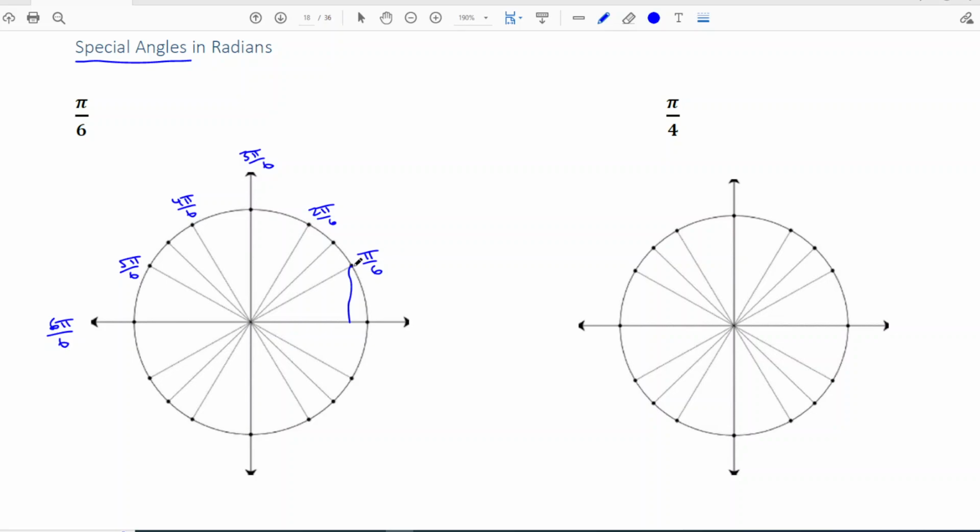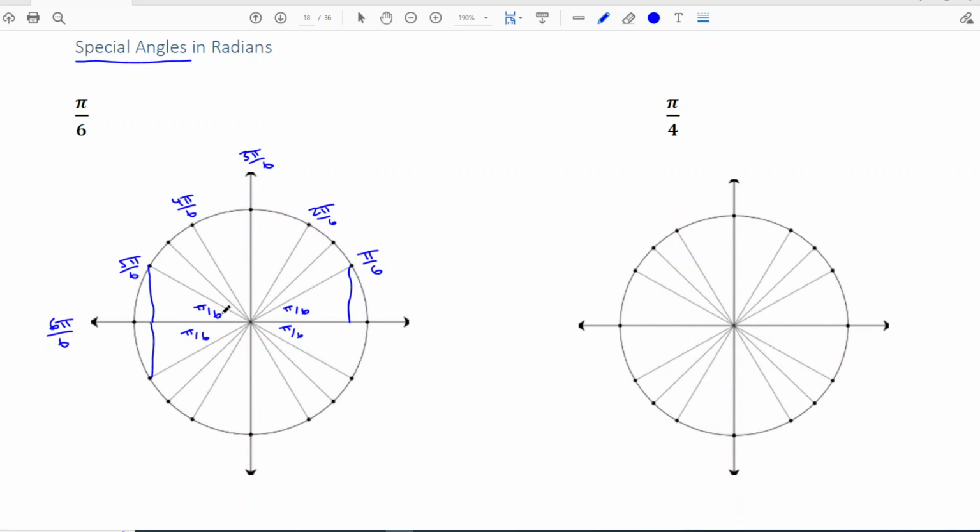But what I like to do is, when it's a pi by 6 reference angle, you're making that angle of pi by 6 with the x-axis in every quadrant. So instead of having to count all the way around, I'm just going to put all my pi by 6s in there. If pi by 6 is my reference angle, what would that look like in the second quadrant, in the third quadrant, in the fourth quadrant?